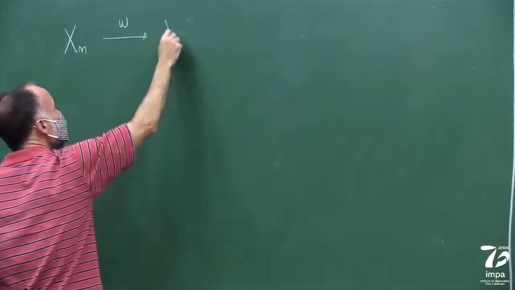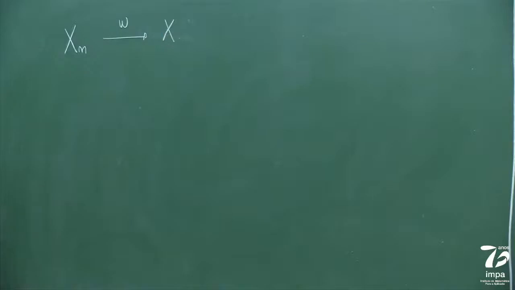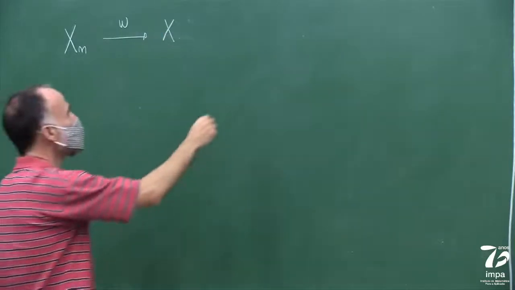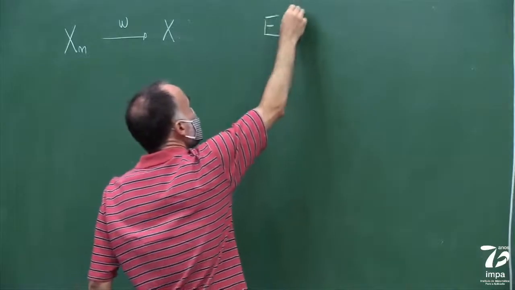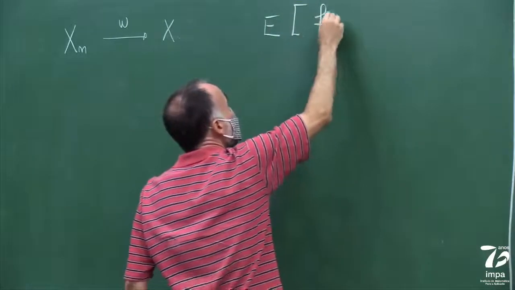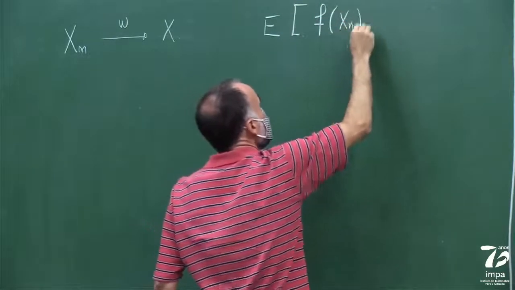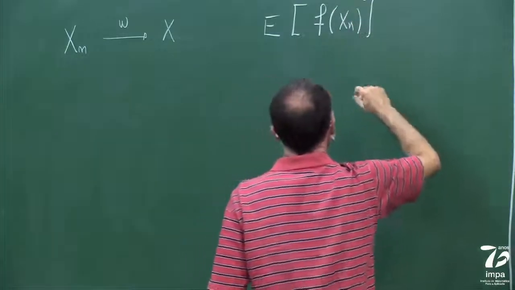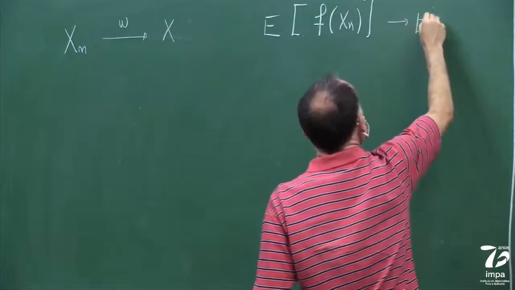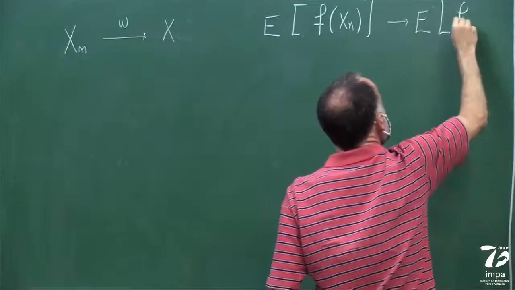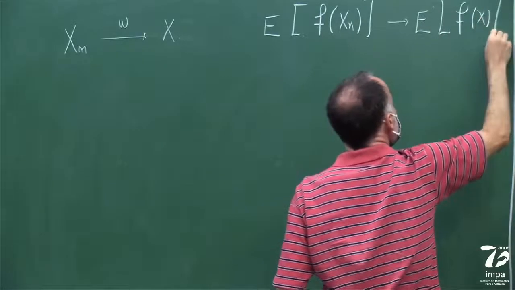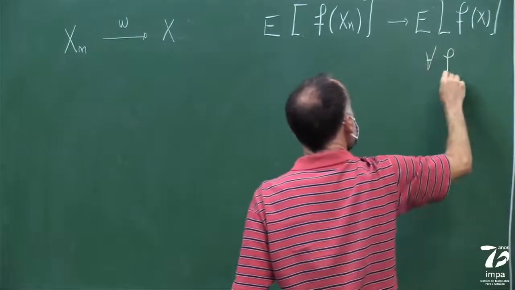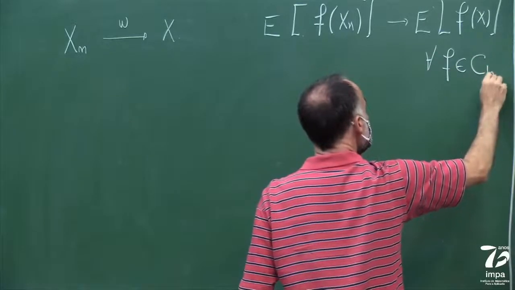So you wanted to prove that a sequence xn converges weakly to x, which means that if you take the expectations, for any bounded continuous function f, this converges to the expectation of f(x). So for all functions which are continuous and bounded.